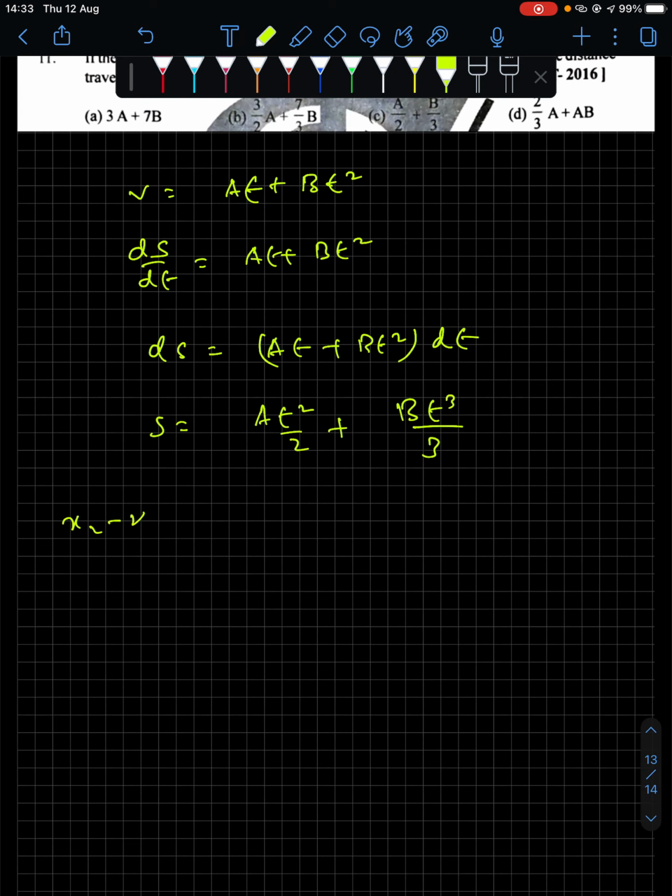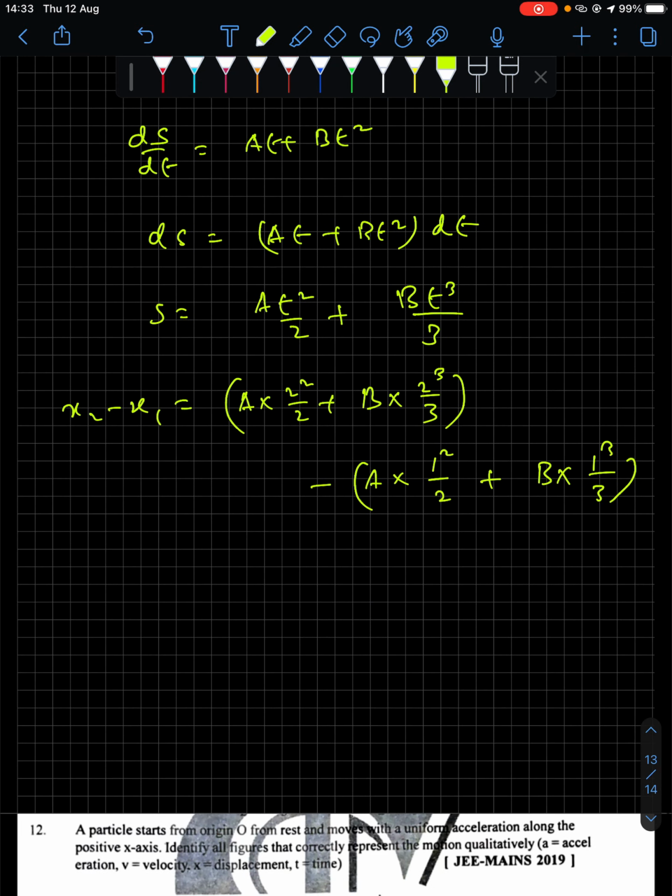So x2 minus x1 equals a into 2 square divided by 2 plus b into 2 cube divided by 3 minus a into 1 square divided by 2 plus b into 1 cube divided by 3.